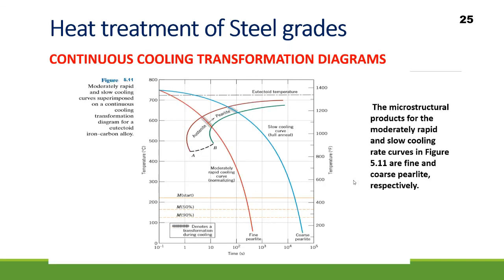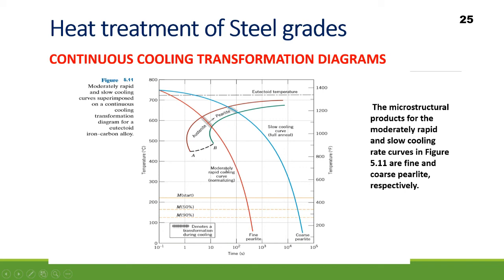Next, in figure 5.11, you see moderately fast and slow rates of cooling superimposed and labeled for eutectoid steel. This blue line is your slow cooling, and the heat treatment associated with this one is full annealing. We'll study that going forward.